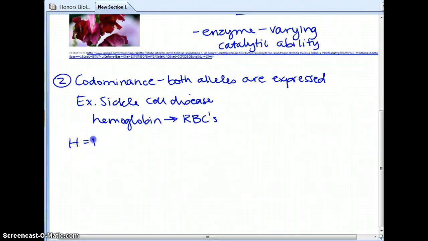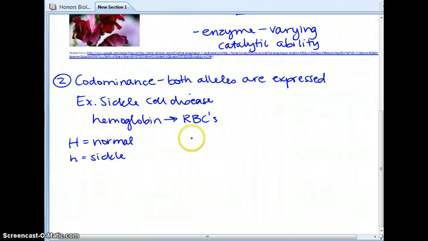Big H equals normal hemoglobin. Little h equals sickle-shaped hemoglobin. I want you to recall what hemoglobin is used for in your body. It is used for transporting oxygen and CO2 from your body to your lungs to the air and vice versa. So that's the protein that we're talking about here.